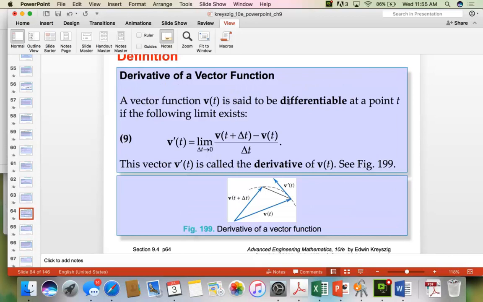All right, the derivative of a vector function. A vector function is said to be differentiable if the following limit exists. This is in time. So the vector function v of t, this is just the derivative definition. It's just that in this case, the function is a vector and not a scalar.